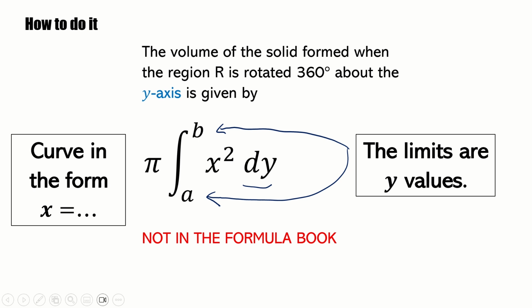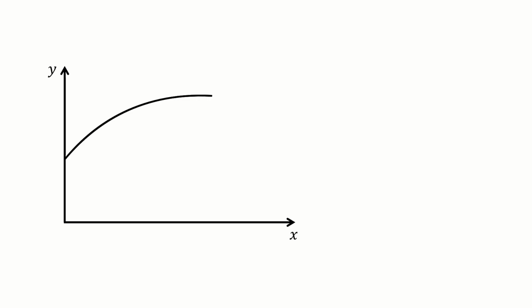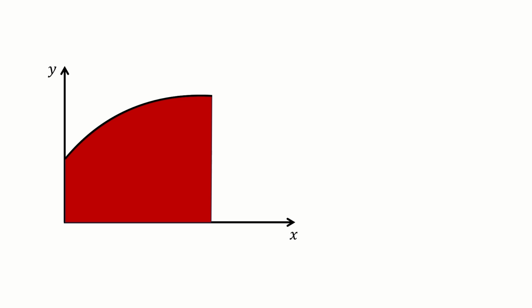The other thing to point out is because we're integrating y's, it actually means the region that we're using to rotate about the y-axis is maybe different to what we were dealing with before. Because with volumes of revolution about the x-axis we were integrating x's, and so the region that we were rotating was the region between the curve and the x-axis.